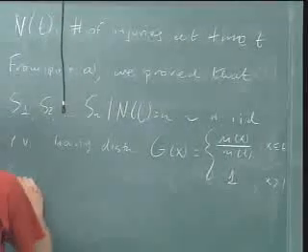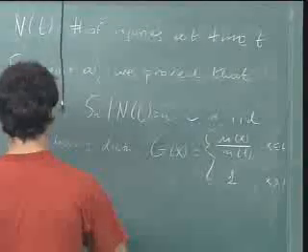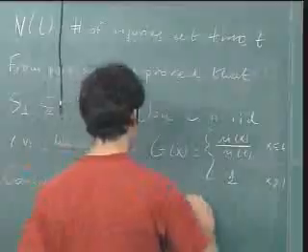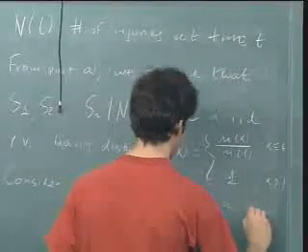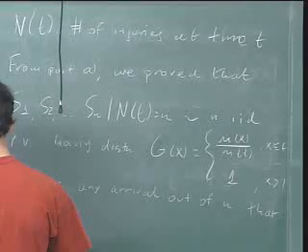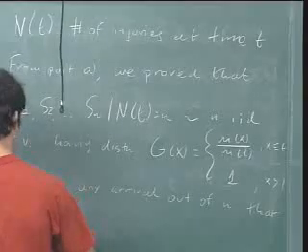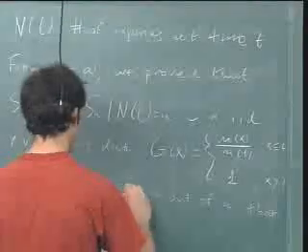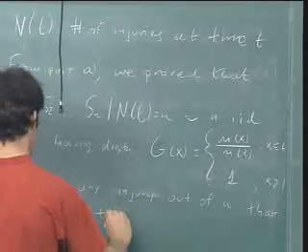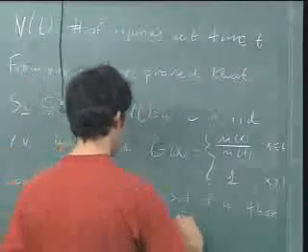Let's now consider any arrival out of these n, any injury that occurs at time s, some time s where s is between 0 and t.